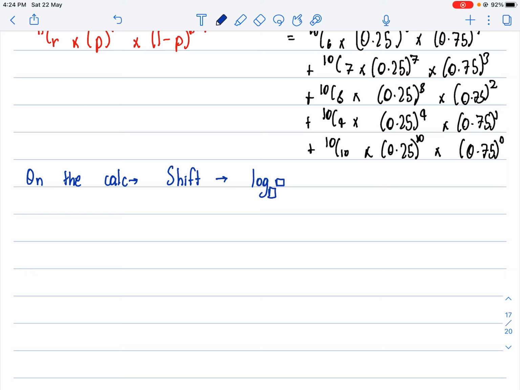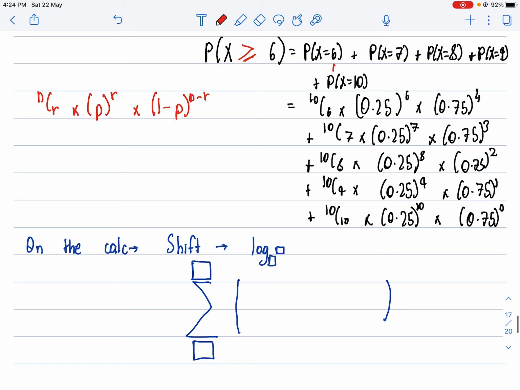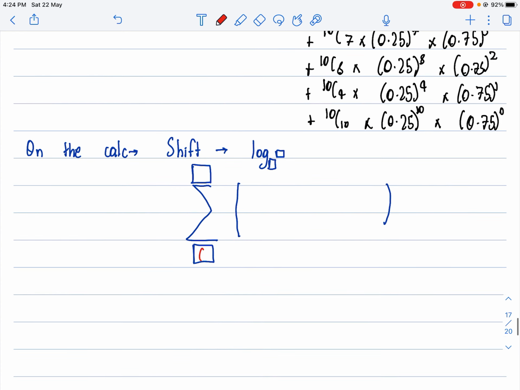When you click on shift and the log button, you get something like this with the summation sign and a bracket here. Here you are calculating the summation from 6 to 10 inclusive. So in the lower limit write 6, in the upper limit write 10.